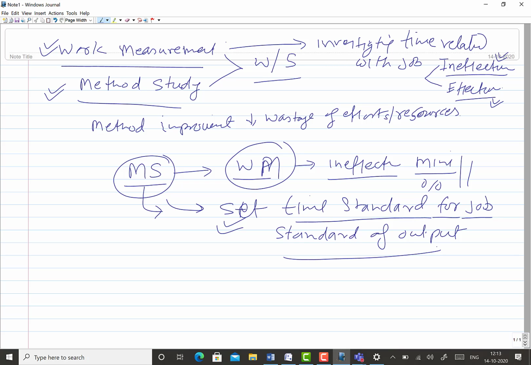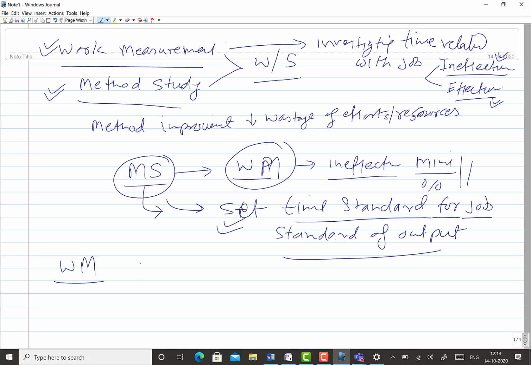But if the method study has not been done for long, and so many problems are there on a shop floor, you don't know where to start. So how to identify the area, or how to prioritize the area for the method study? In that situation, where there can be many potential candidates or potential areas or cases for the method study, there we try to conduct the work measurement first.